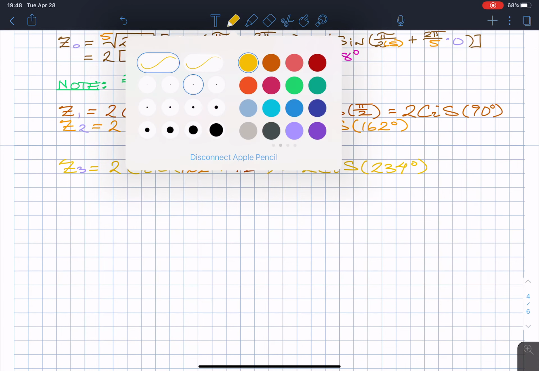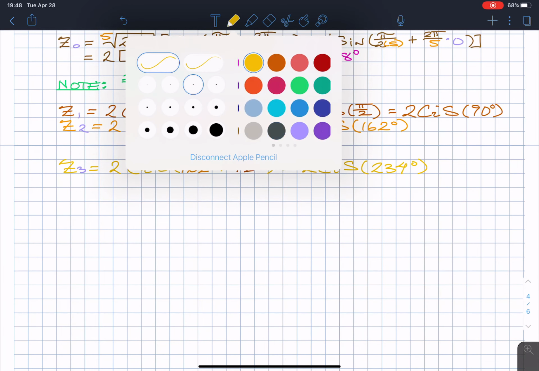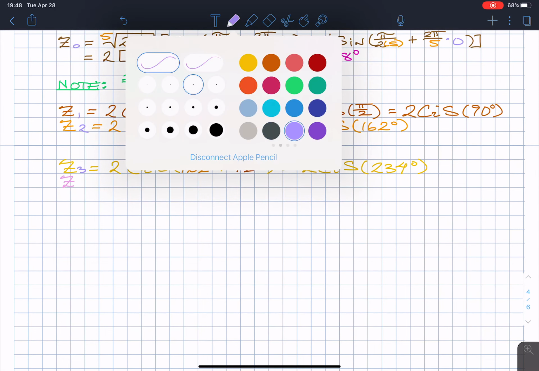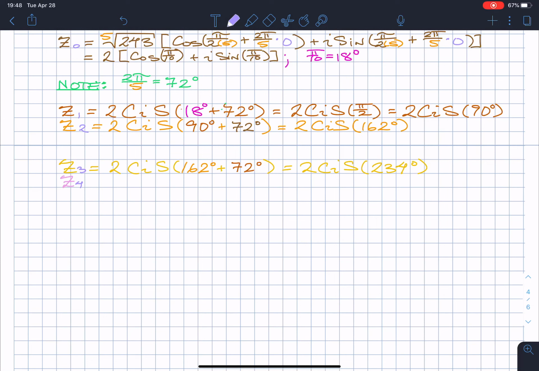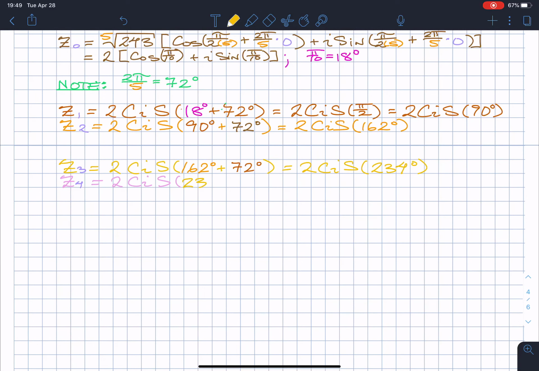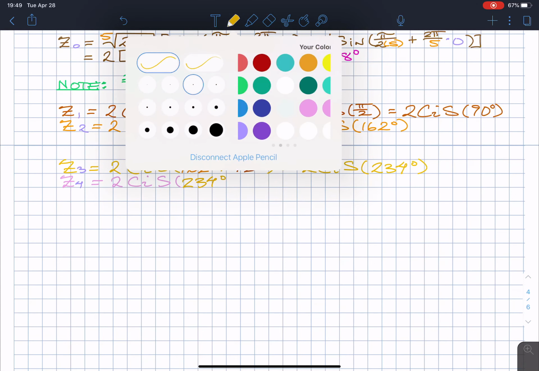And finally, z sub 4, the fifth of these roots, will be 2 cosine plus i sine of 234 plus 72 degrees.